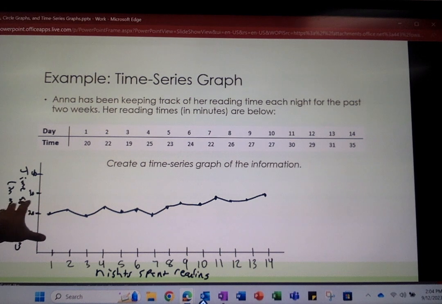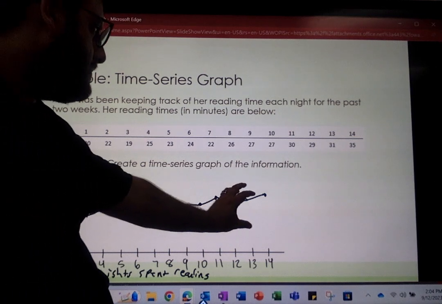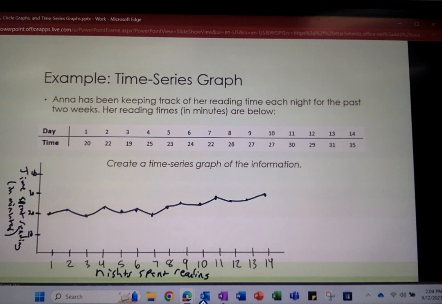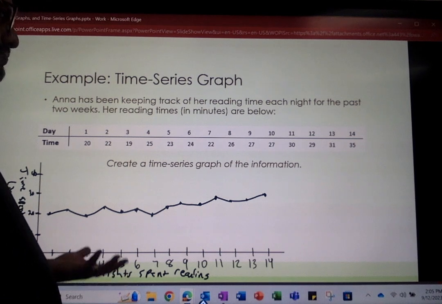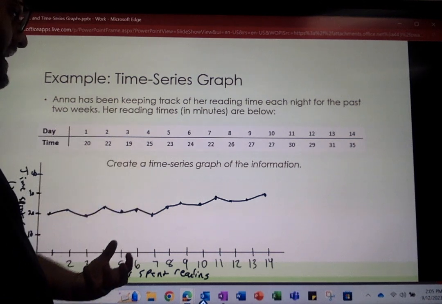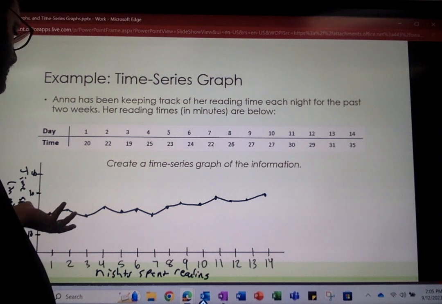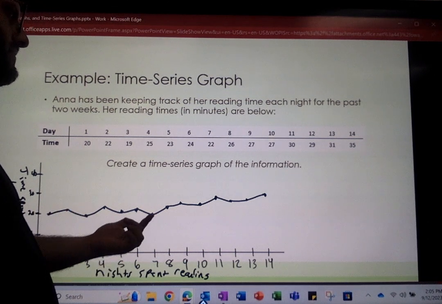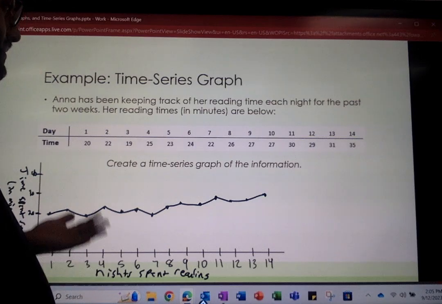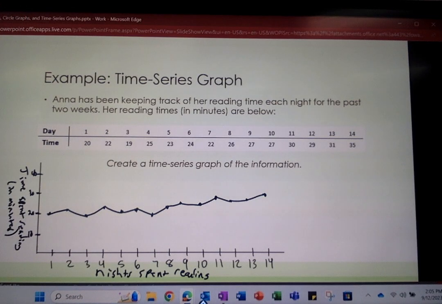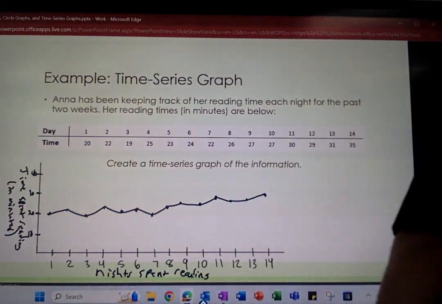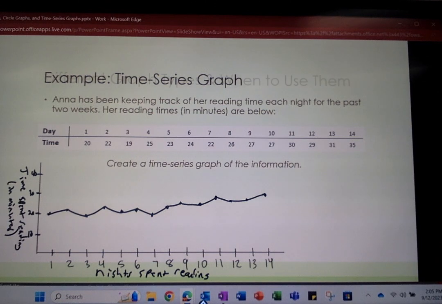We started out slow these first few days, but towards the end we really ramped up. It could be that the book she was reading was really good and started to ramp up towards the climax. It might be that she was just finishing up one book and moving on to the next one. Who knows? But that's what time series graphs can help us explain.